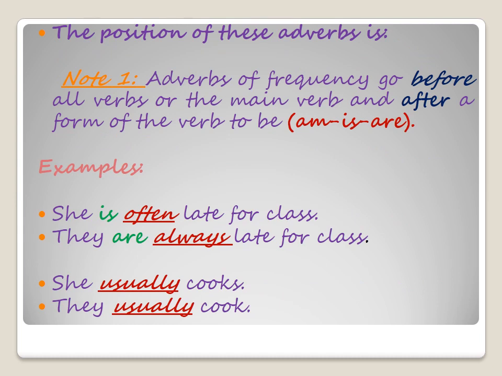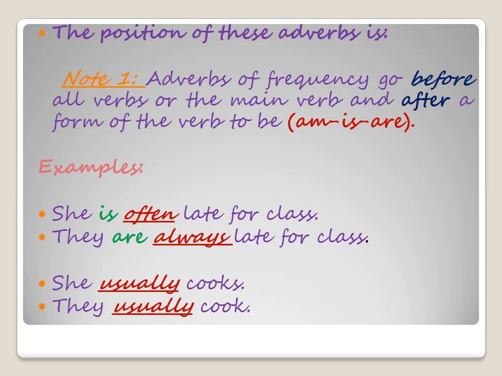Okay, one of the main characteristics of the adverbs of frequency is the position, the way they are positioned in the sentences. So you have to remember some rules about the position of the adverbs of frequency.